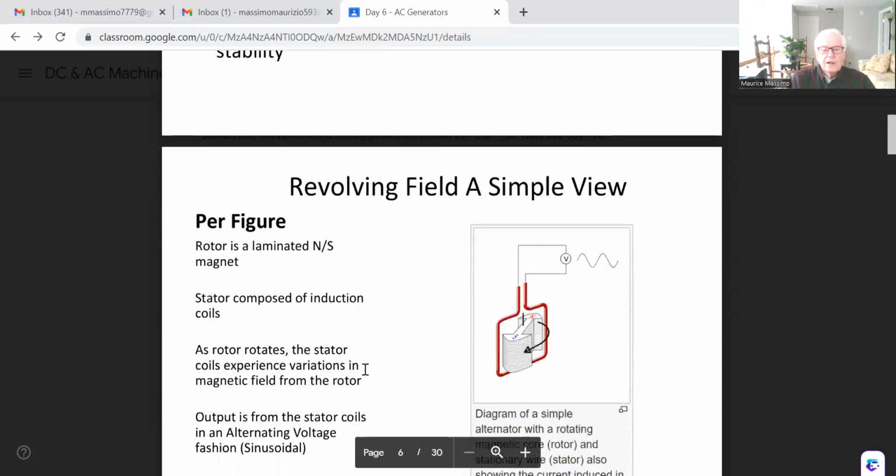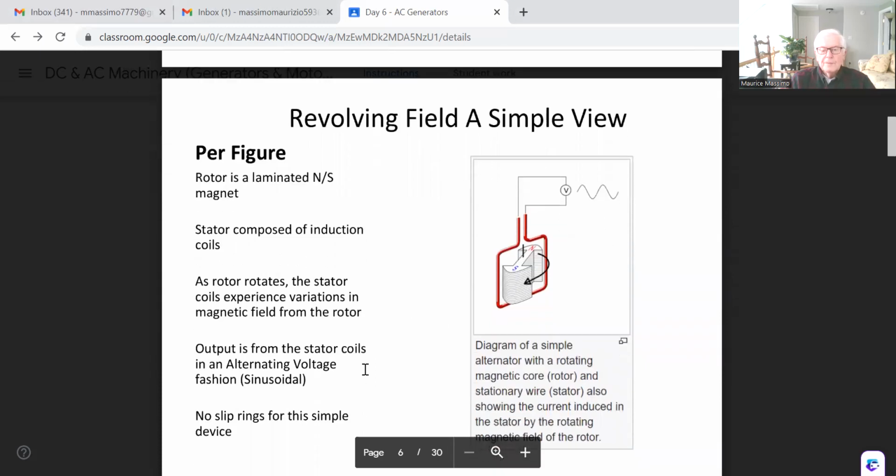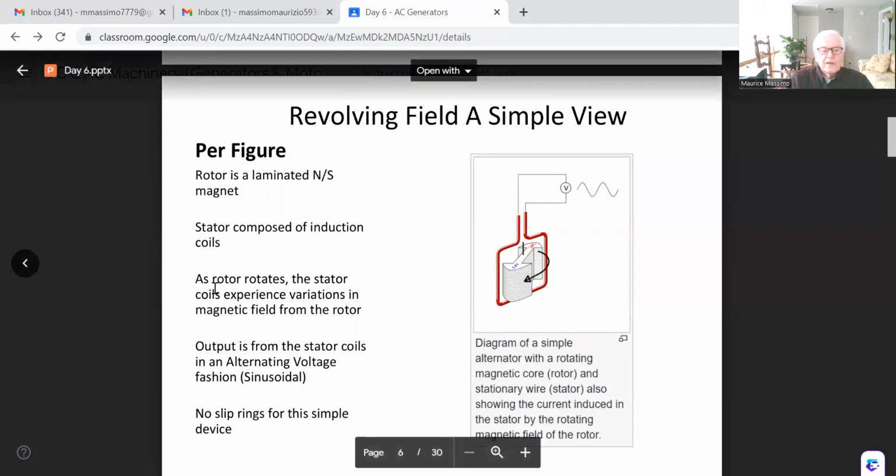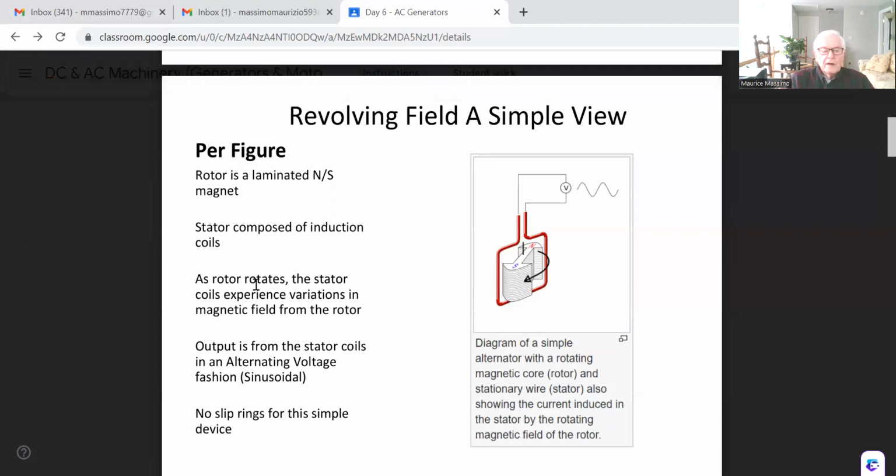So looking at the revolving field, simply put, is a rotator. The rotor is a laminated north-south pole. It's a magnet, okay? And as that rotator rotates, the stator coils experience variations in the magnetic field as they whiz by the coils.